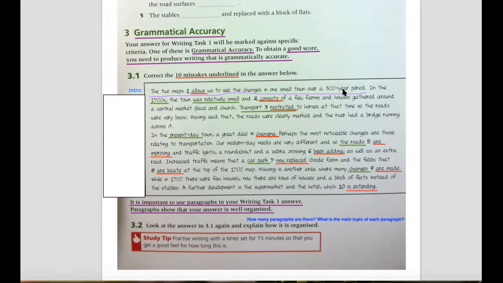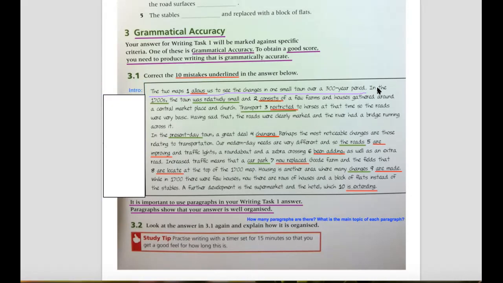So look here, they said a 300-year period. So they've taken from 1700 until today. Okay, right now it would be a bit more than 300, it'd be 320, 321. Okay, so you can summarize the whole time period by looking at how many years it's been.